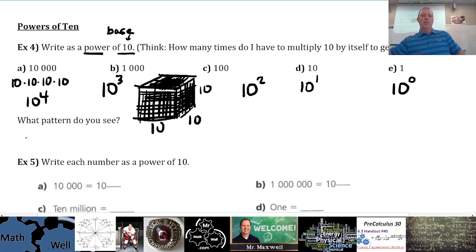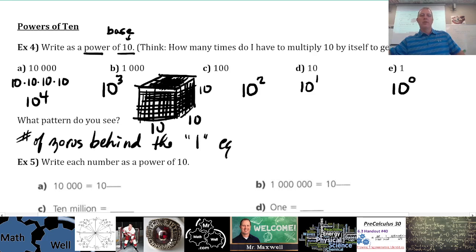So let's write that down real quick here. The number of zeros behind the 1 equals the exponent on 10.